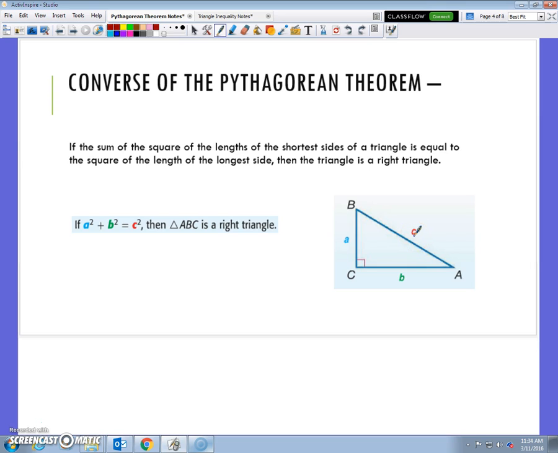So we're flipping around. Instead of saying this is a right triangle, so a squared plus b squared must equal c squared, we're saying a squared plus b squared does equal c squared, therefore opposite the hypotenuse there must be a right angle. So we're using the converse of the Pythagorean theorem. We're just switching it around a little bit. No new information, just using the converse instead of the actual theorem itself.